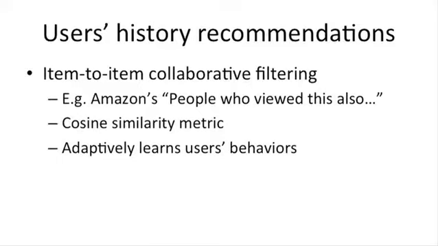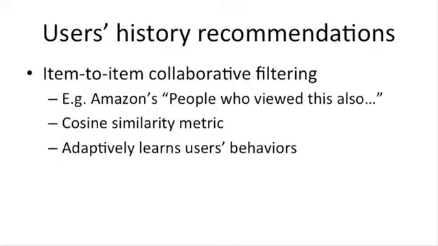The other importance metric we look at is user histories. This is based on item-to-item collaborative filtering, which is basically the same thing that has been well studied and well used in a lot of commercial applications. Specifically, Amazon's recommendation system uses this.